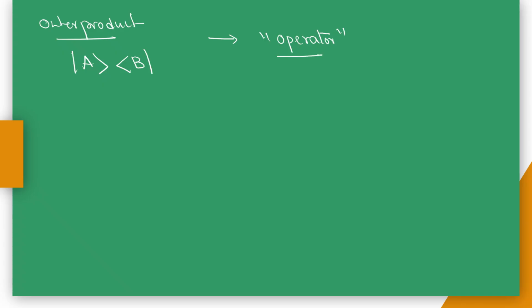I'll tell you the exact meaning of operator. It is written as ket A, bra B. For example, here the ket A is taken as (1, 0) and bra B is taken as (0, 1).